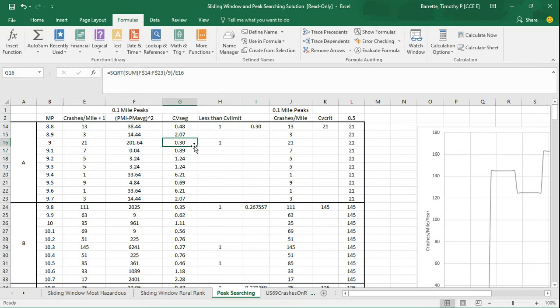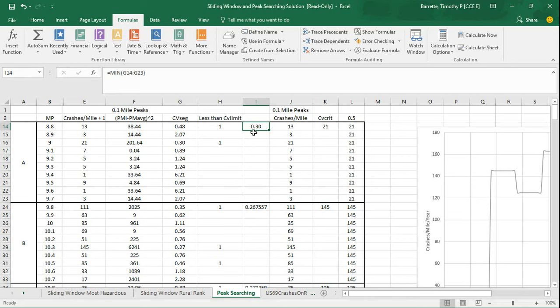And the only other one that meets our coefficient of variation criteria is going to be milepoint 9. And we can see that milepoint 9 has a lower value than milepoint 8.8. So therefore, the coefficient of variation we're going to use for this segment is going to be 0.3.